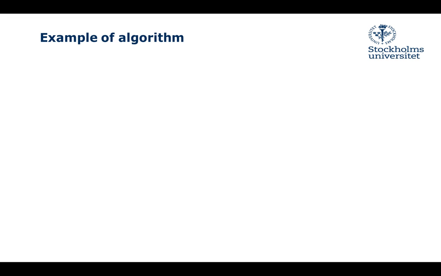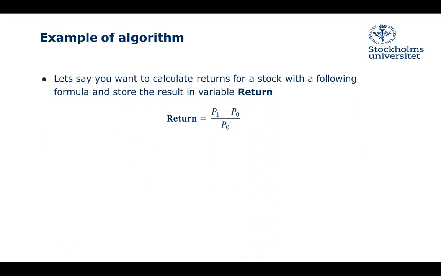So, an example of an algorithm. Now let's say you want to calculate the returns for a stock with the following formula, and the result is stored in a variable return. The formula means the stock at price P1, a time period of 1, minus a time period of 0, divided by the time period of 0. So for this you would need to take multiple steps.